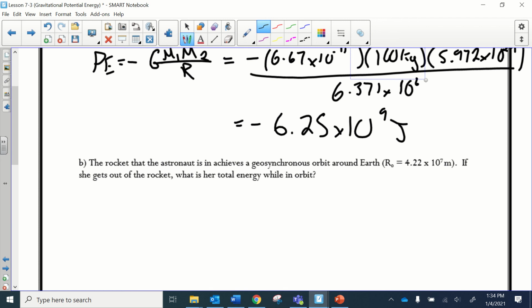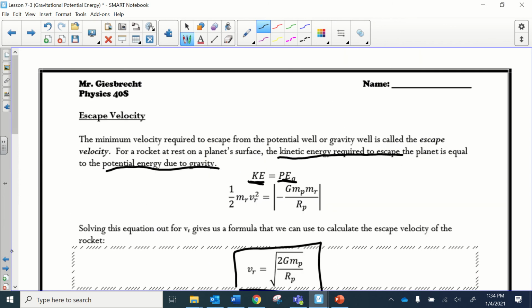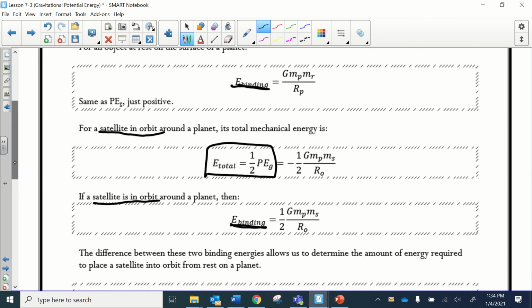If she gets out of the rocket, what is her total energy while in orbit? So she's in geosynchronous orbit right now. For a satellite in orbit around a planet, its total mechanical energy is 1/2 G m M over r.